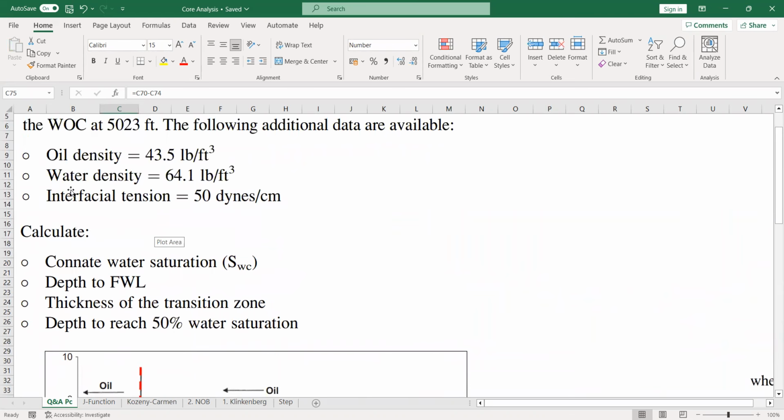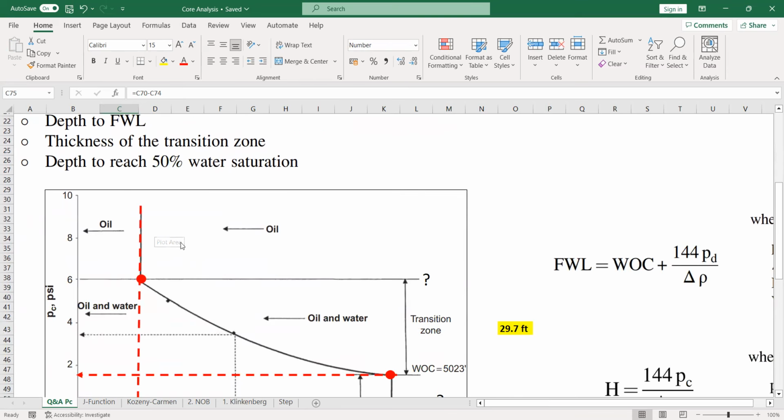Okay, so now by the available data that we have, we can calculate the connate water saturation. We know the depth to free water level, and then we know also the thickness of the transition zone, as well as the depth to reach 50% water saturation. All right, and just lastly, look at this capillary pressure curve.